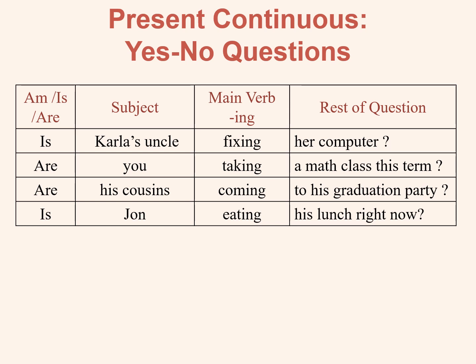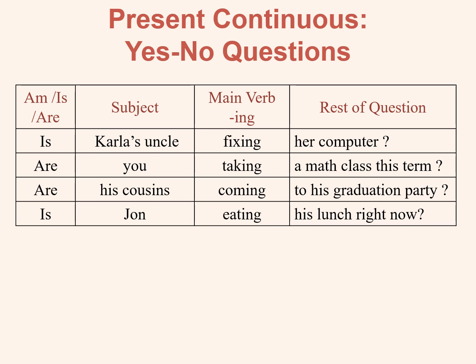We get are, then the subject his cousins, and then coming, the main verb in the ing form. So notice that the order is am, is, are, subject, and main verb. I don't have an example with I because it's not very common that we ask ourselves questions. So that's why I don't have an example.